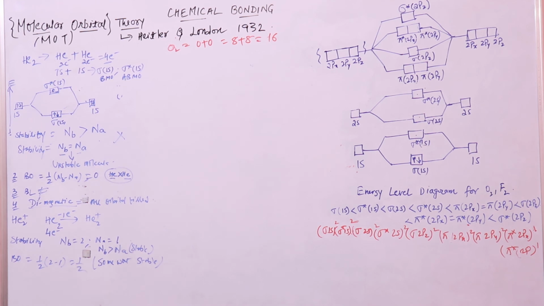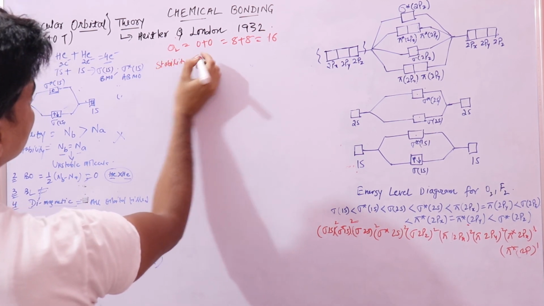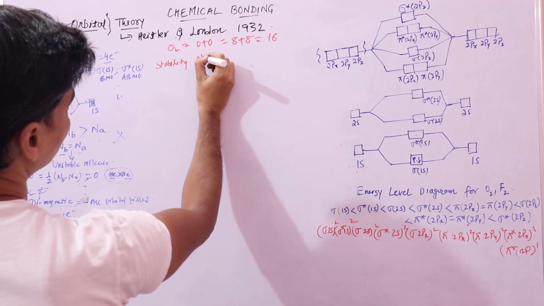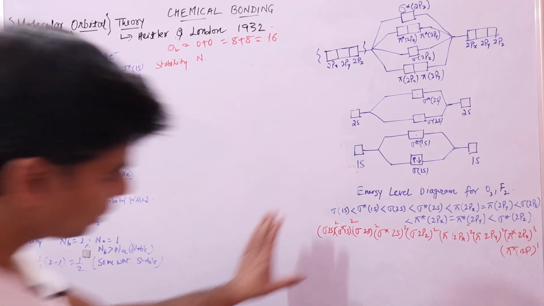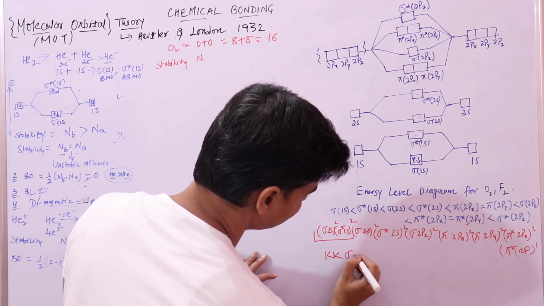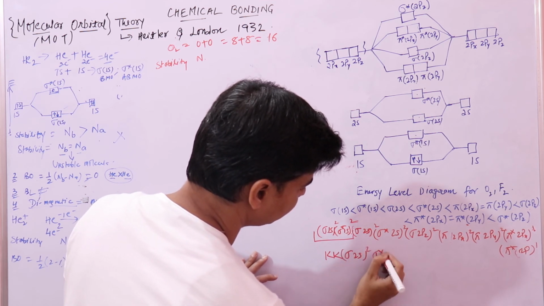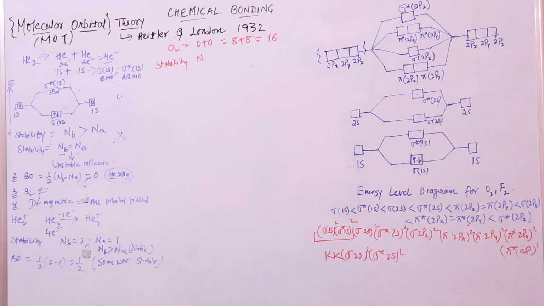So let's quickly see the properties of the oxygen molecule. Let's look at the stability. Stability depends on the number of bonding electrons and the number of anti-bonding electrons, right? So you can write down the similar configuration, replacing this with KK, then sigma 2s2, sigma star 2s2, and the rest.